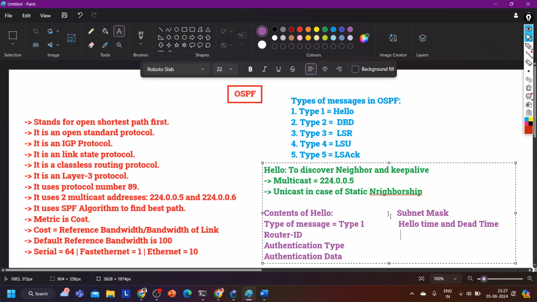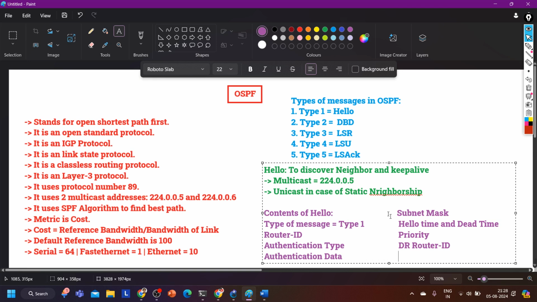See, OSPF hello message is going to carry multiple information. Priority will be there. We will see the concept of all these points one by one. Don't worry. Then there will be information about DR router ID. Don't worry if you don't know the DR router ID.